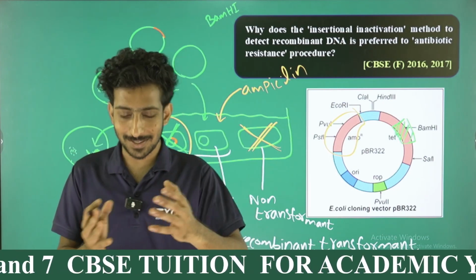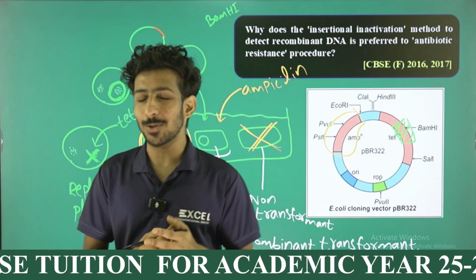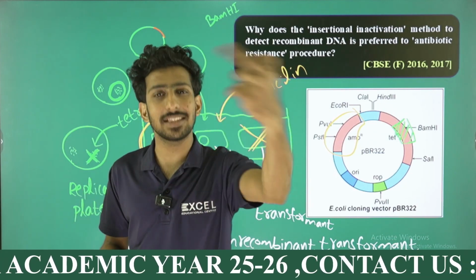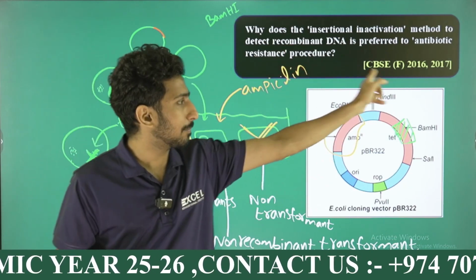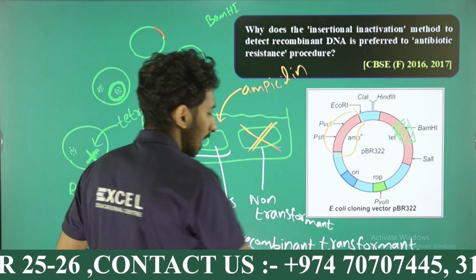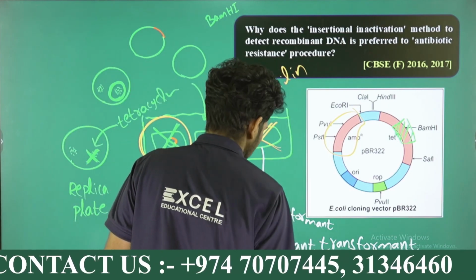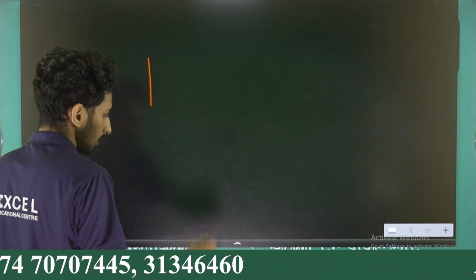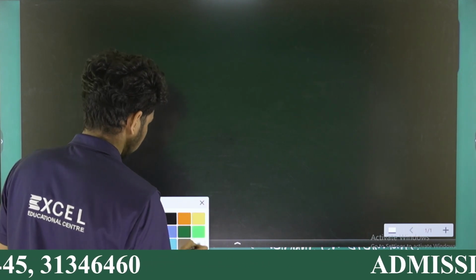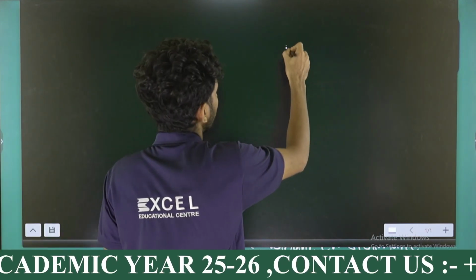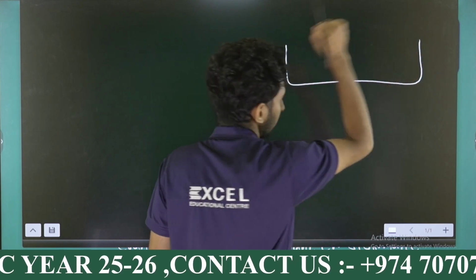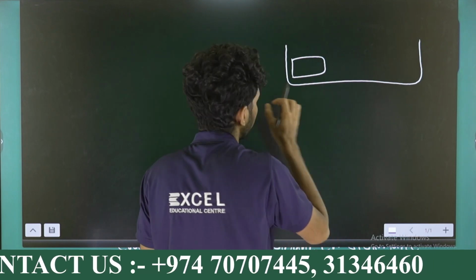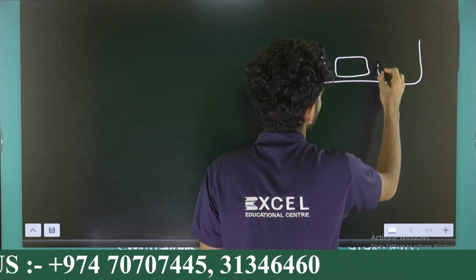Okay, but we want to select the recombinant transformants in a single step. For that, we have another method. I'll show you. Listen. Okay, guys, listen. This is a culture medium. In this, we have three types of bacteria.